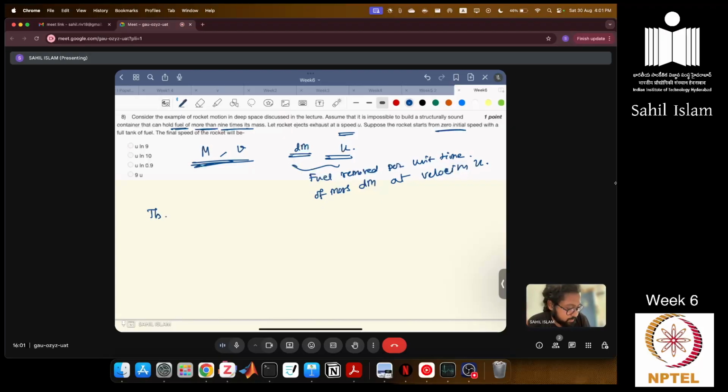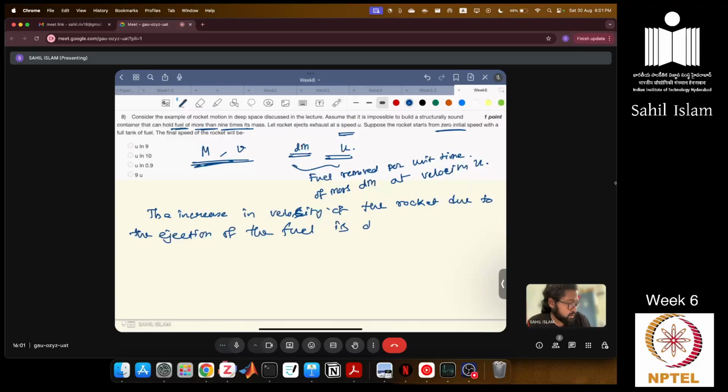Let's say the increase in velocity of the rocket due to the ejection of the fuel is dv.